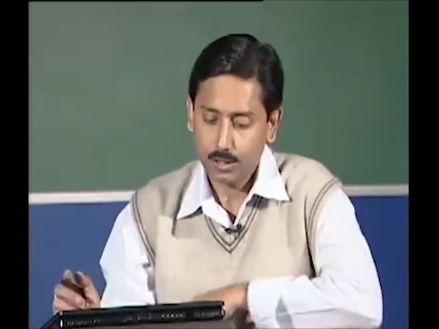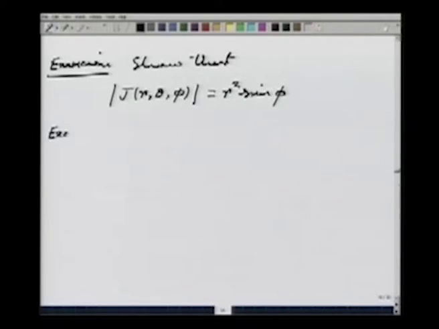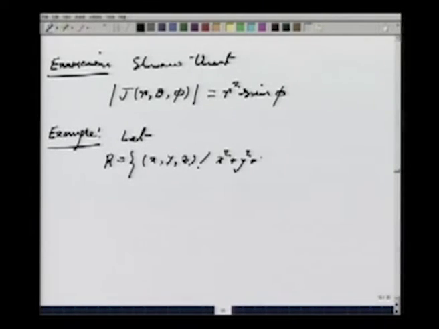Now let me go to an example of a problem where the change of variable formula is needed. Let us say R is all x, y, z such that x square plus y square plus z square is less than or equal to 4a square.